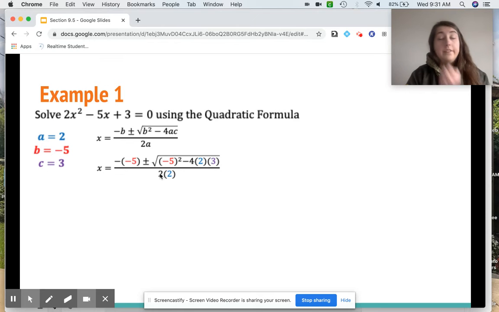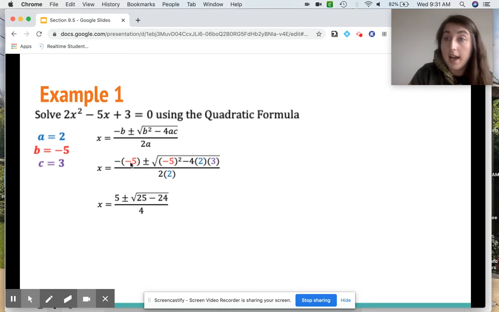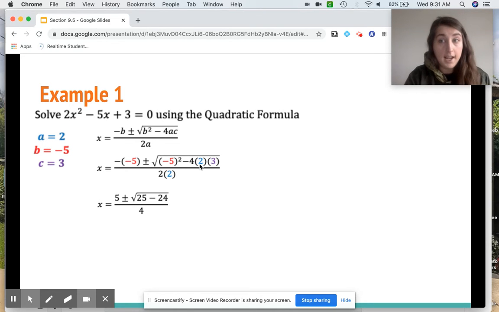Now that you plugged everything in, you want to start simplifying. I recommend you start simplifying inside that radical before you move out. So how did I go from here to here? Well, 2 negatives, as you should know, is a positive 5. Negative 5 squared is positive 25. 4 times 2 is 8. 8 times 3 is 24.